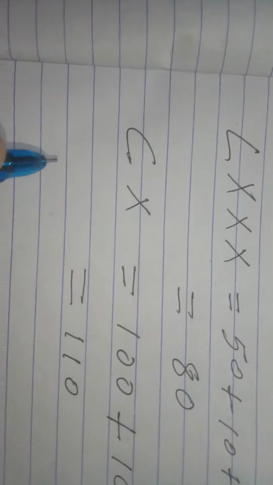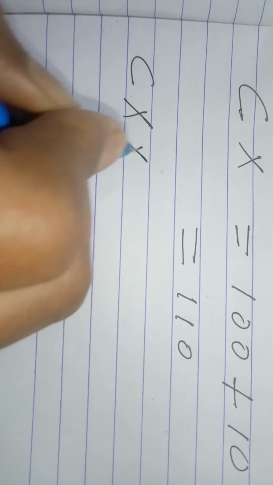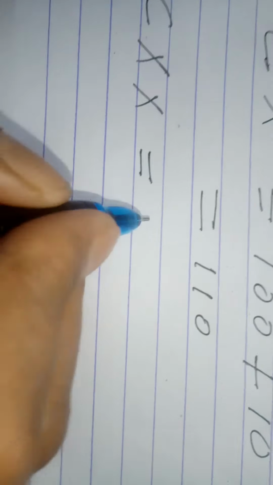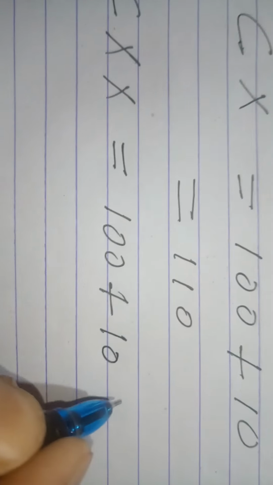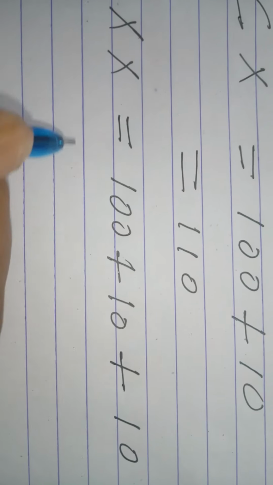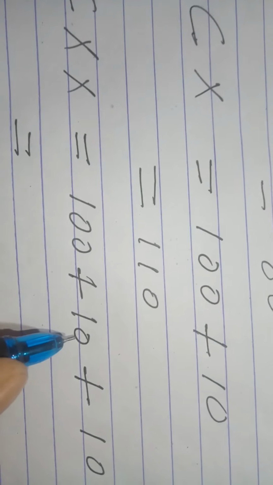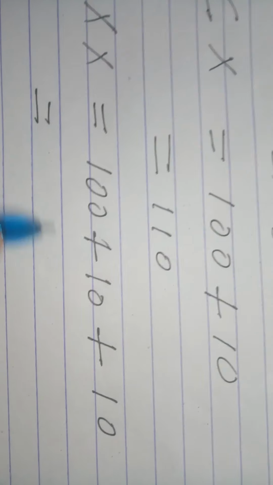Take another example. CXX. C for 100 plus X 10 plus 10. 100, 10 plus 10, 20, 120.